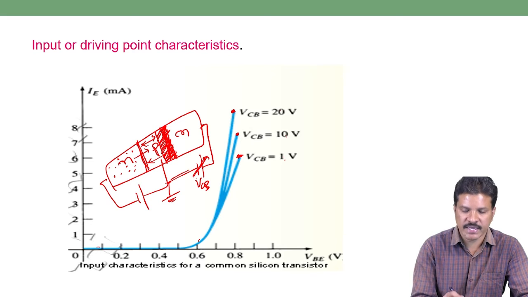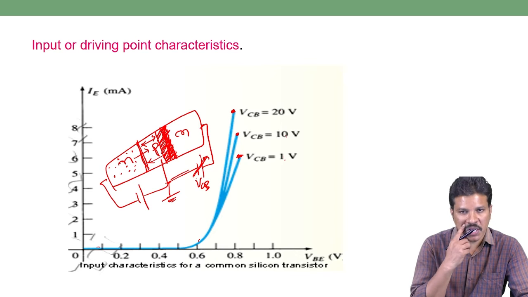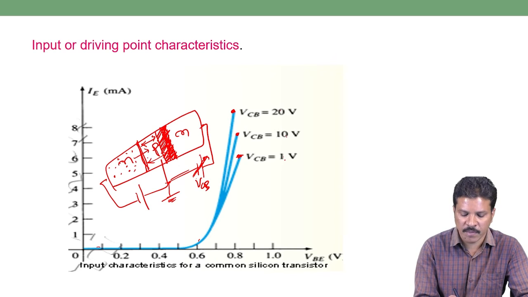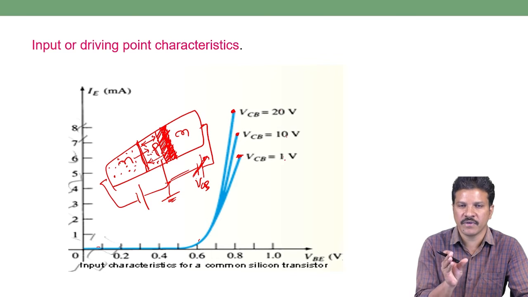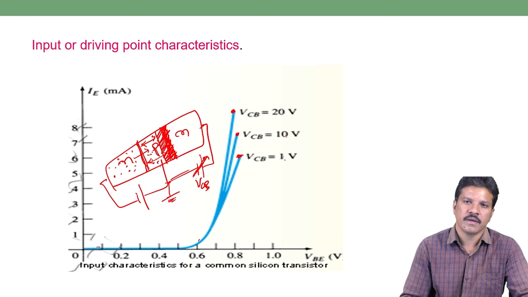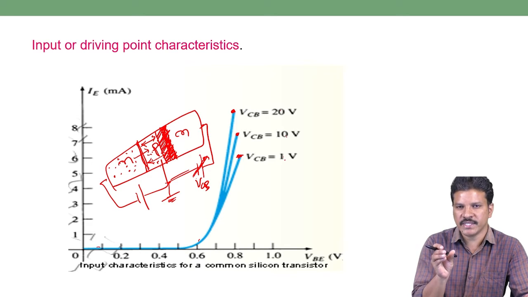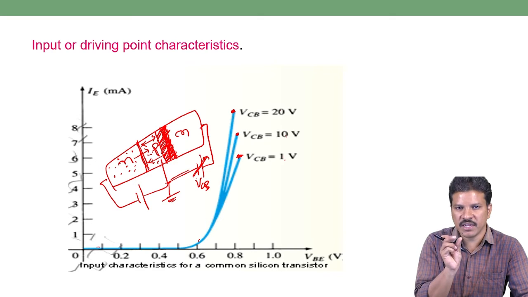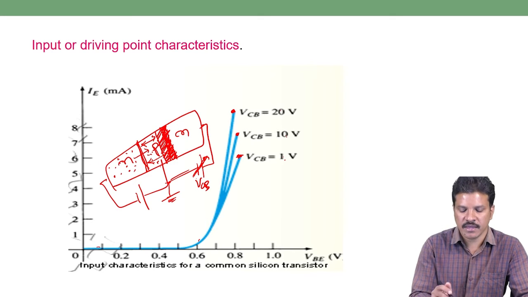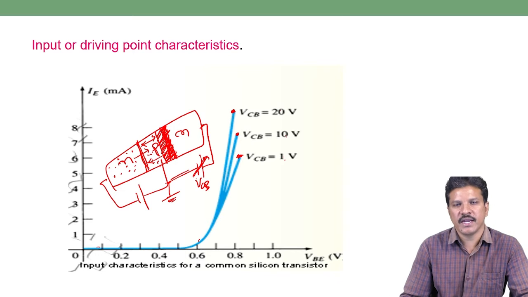When the base region is reduced, the recombination in the base decreases. The number of charge carriers recombining in the base region decreases, because the base is already a thin region. Again, as the collector-base depletion region increases, the base width decreases, and then the base current decreases.